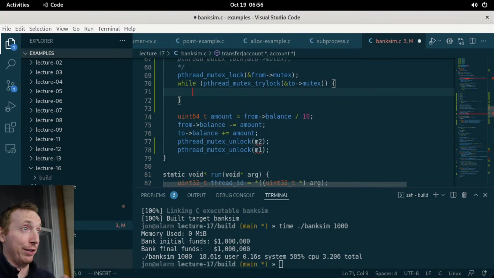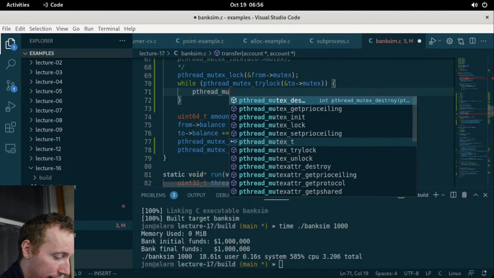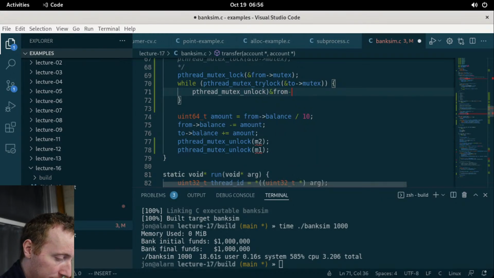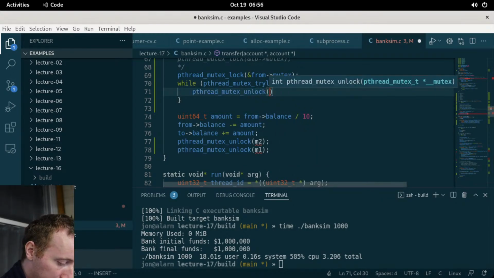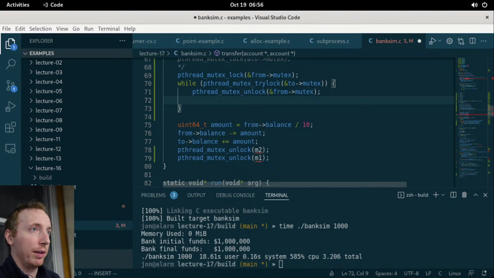Yeah, first thing I need to do is release the lock, because I have to eliminate that hold and wait. I couldn't grab the other one, so I would just go ahead and unlock the from lock. Now I unlock it, and then here I should probably sleep or yield.